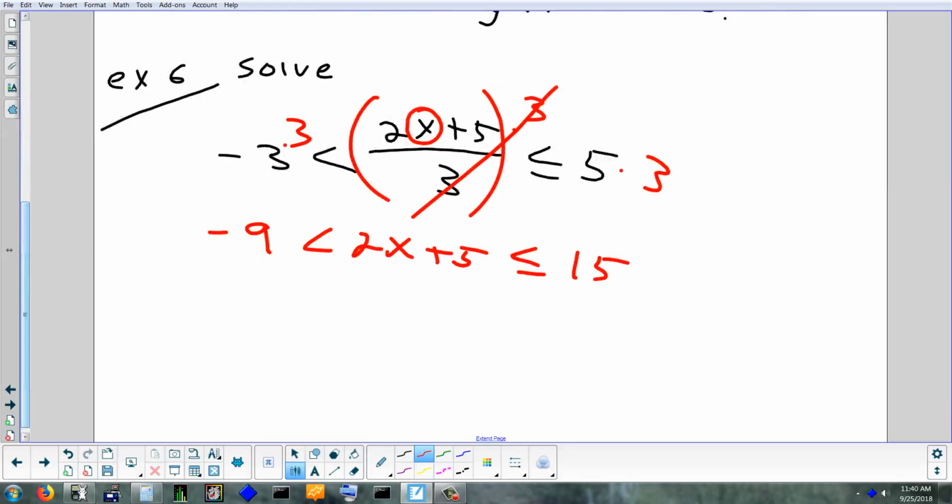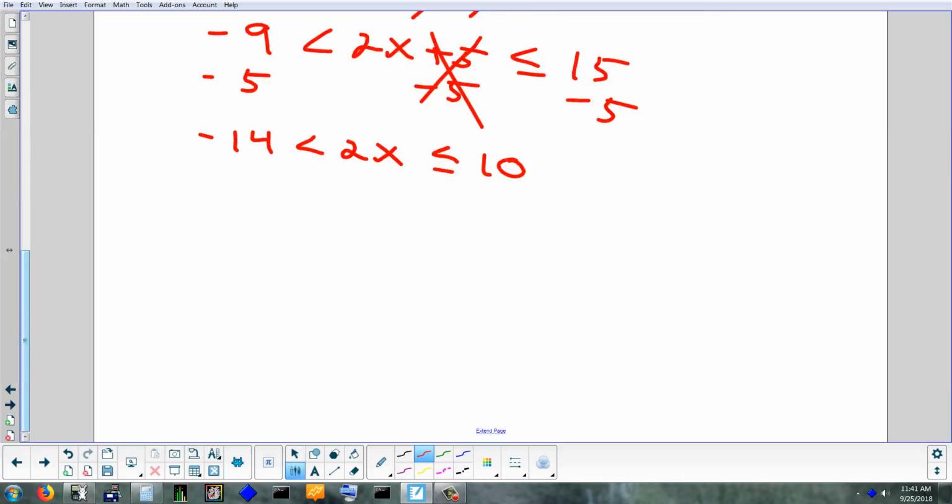Okay, so that's good. That's my first step. What would I do next, Robin? -5 here, here, here. -14 is less than 2x, which is less than or equal to 10. And my last step, divide by 2, and that's a positive, so nothing you have to flip there.